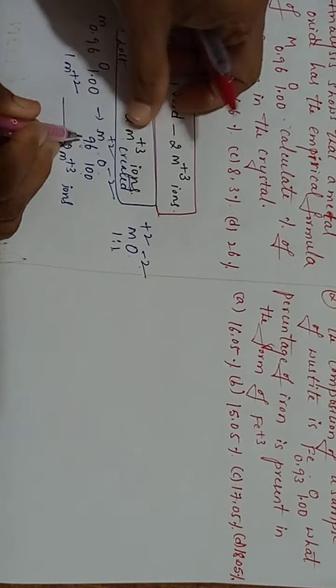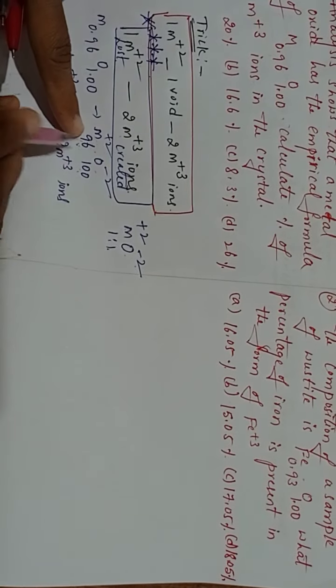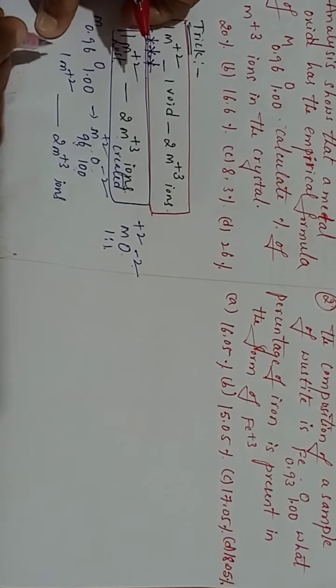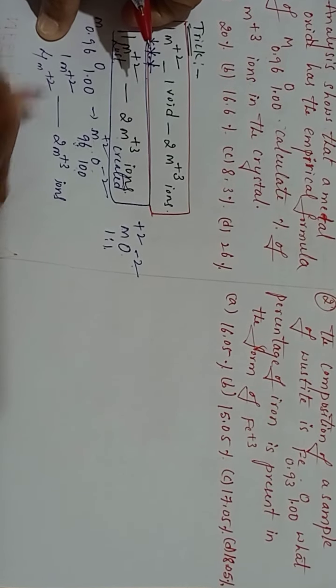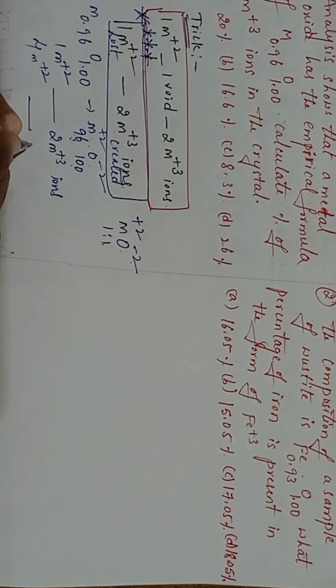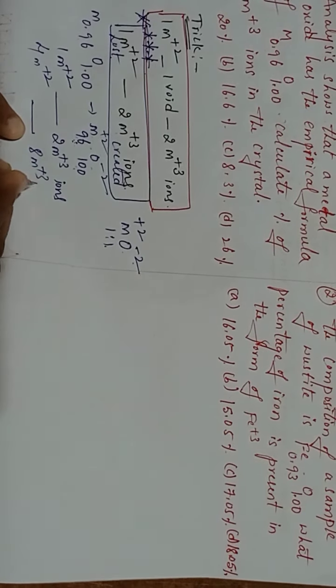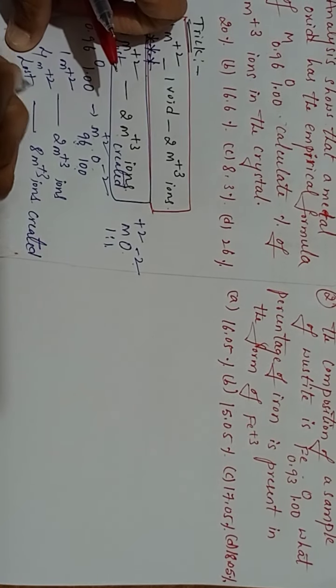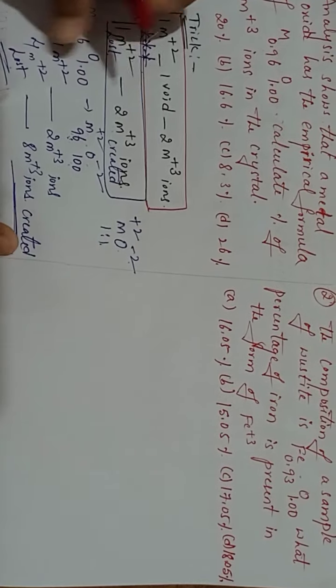Now how many are lost in the question? 96 is given. That means 4 M plus 2 ions are lost. Then how many M plus 3 ions will you get? 8 M plus 3 ions. So 4 M plus 2 ions lost, 8 M plus 3 ions created.